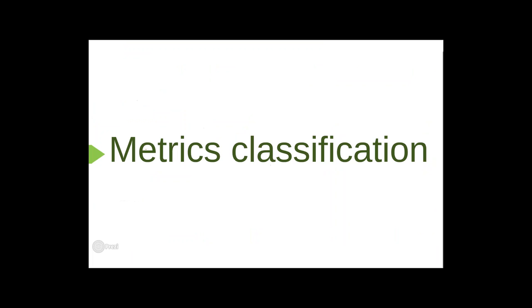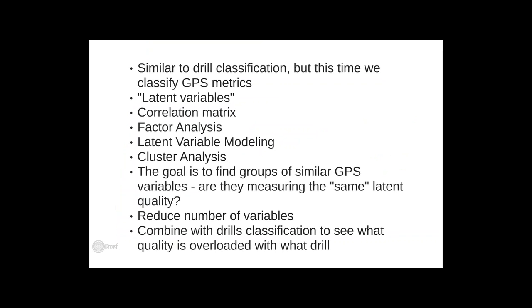The second thing that we can consider when we use GPS is metric classification. Metrics classification is similar to drills classification, but in this case we are trying to minimize the number of GPS metrics. As I said, we have around 200 metrics, and we are interested in whether those metrics are measuring something similar, which we call a latent variable or hidden variable.